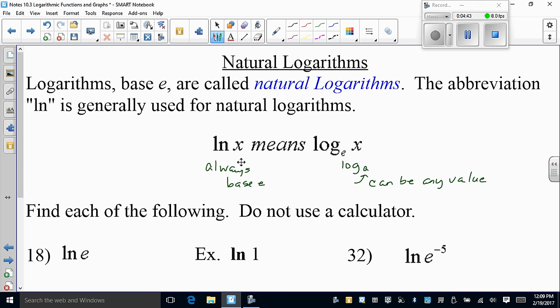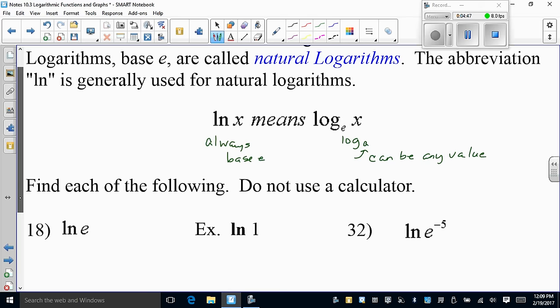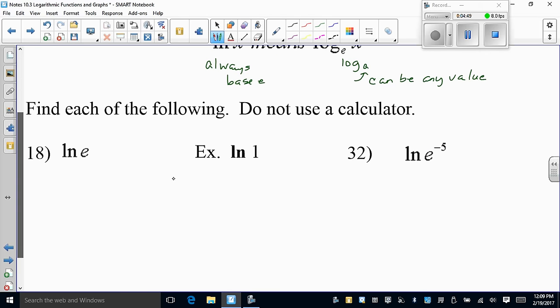So these next problems, same thing. Find each of the following. Do not use a calculator. Natural log of e. e to what power gives me e, because remember the base is e. Well, that would have to be the power of 1. e to what power gives me 1. Well, remember, anything to the 0 power is 1, so that would have to be 0.